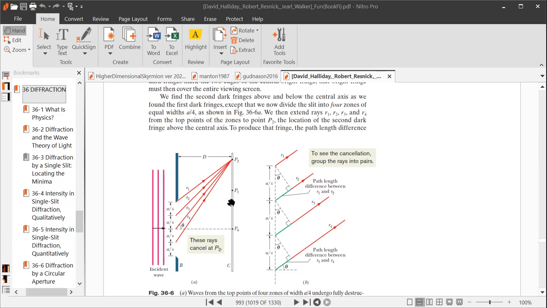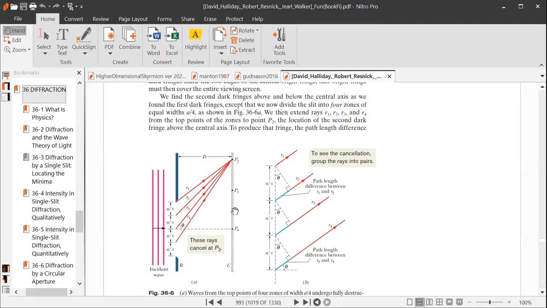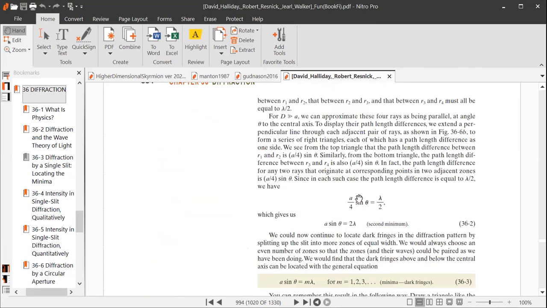So we could take these paths, R1, R2, R3, R4, to be parallel to each other, because the distance of the screen is very large. So at the screen, the wave becomes planar.